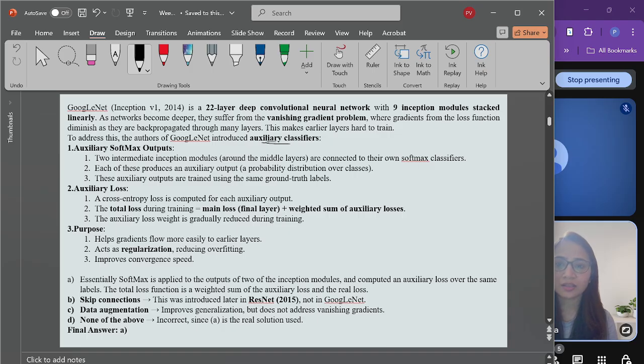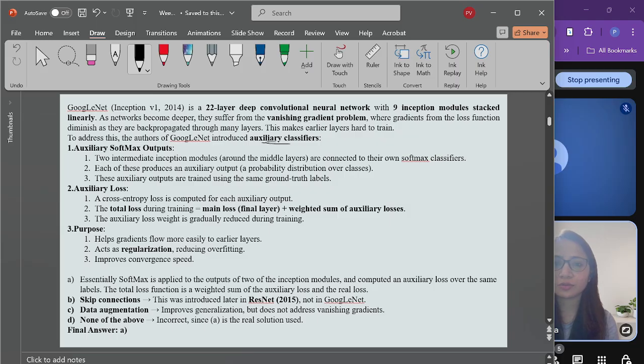Another thing introduced is the auxiliary losses. A cross entropy loss is computed for each auxiliary output, and the total loss during training is calculated as the main loss in the final layer plus a weighted sum of the auxiliary losses. The auxiliary loss weight is gradually reduced during training.